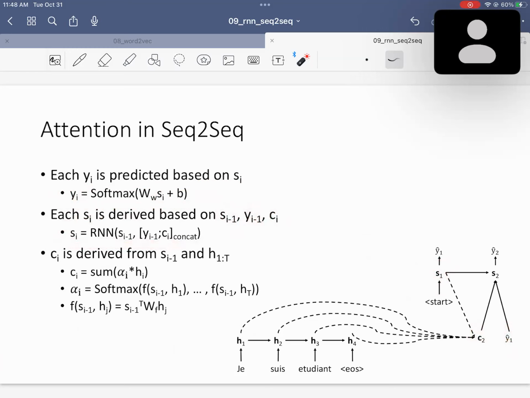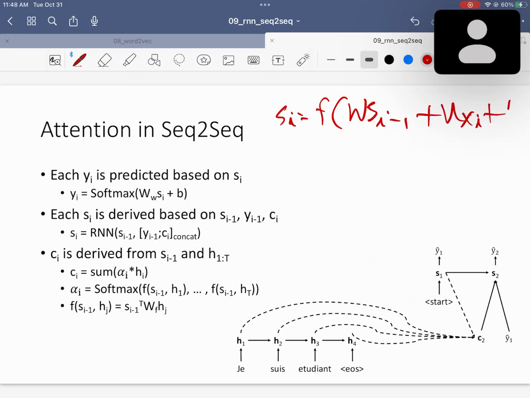I'm going to go with the vanilla RNN, so si equals f(W si minus 1 plus U xi plus b). You have two inputs. Input number 1 is the previous hidden layer. Input number 2 is the current input, which is actually a concatenation of your previous predicted output and the context. You can actually write this as x2 because this is the second input.